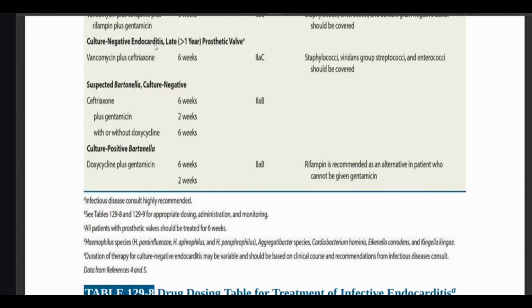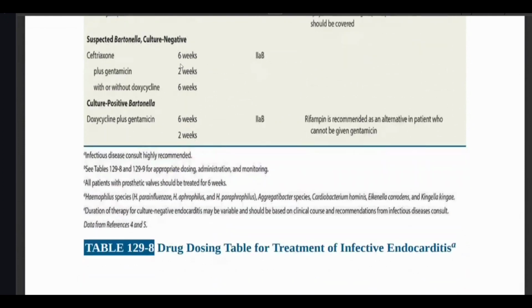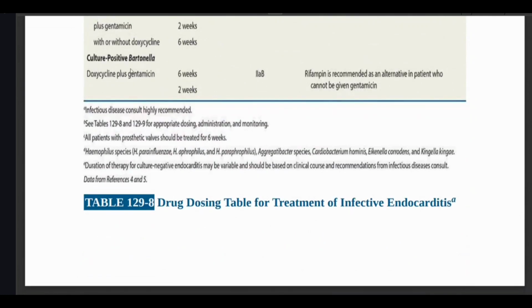For culture-negative endocarditis, late, more than 1 year, prosthetic valve: vancomycin plus ceftriaxone for 6 weeks. Suspected Bartonella, culture negative: ceftriaxone 6 weeks plus gentamicin 2 weeks, with or without doxycycline 6 weeks. And for culture-positive Bartonella, doxycycline plus gentamicin for 6 weeks and 2 weeks.